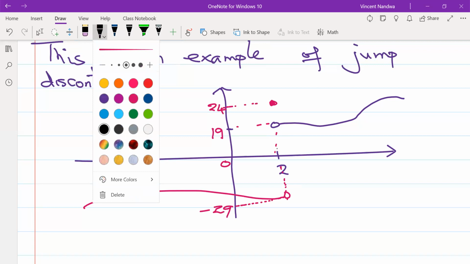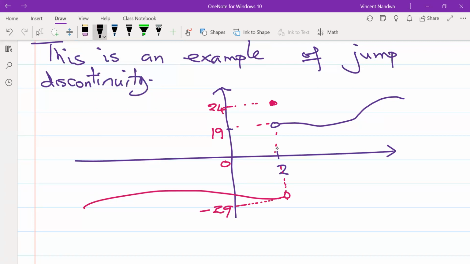compute the limits and discuss the continuity of the function just from the graph. So for instance, if I ask you, what is the limit as x approaches 2 from the left-hand side of f of x from this graph? Another question, limit as x approaches 2 from the right of f of x.